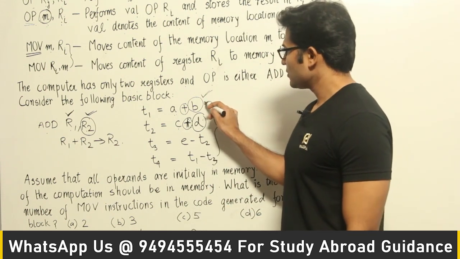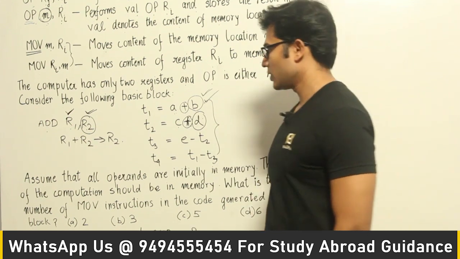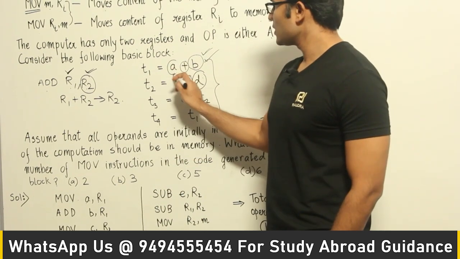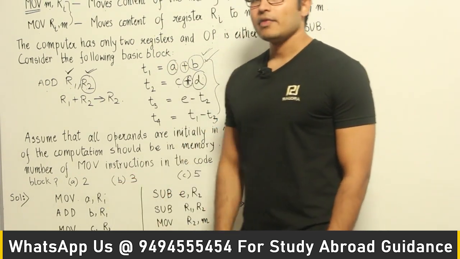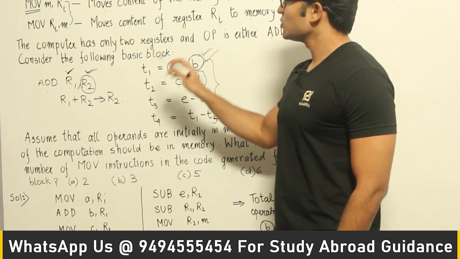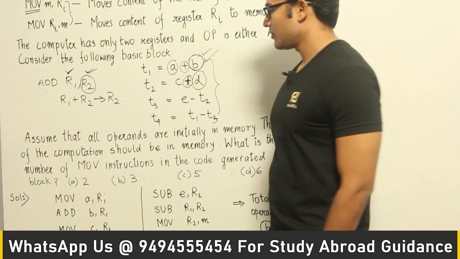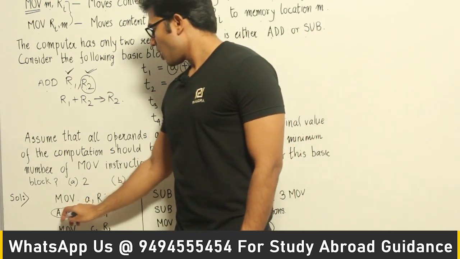Okay, now let's try to execute this instruction first. So for this one, we are trying to move A into R1, which means this particular A is first moved into R1. Now instead of moving B into some register, I'll use the operator add.